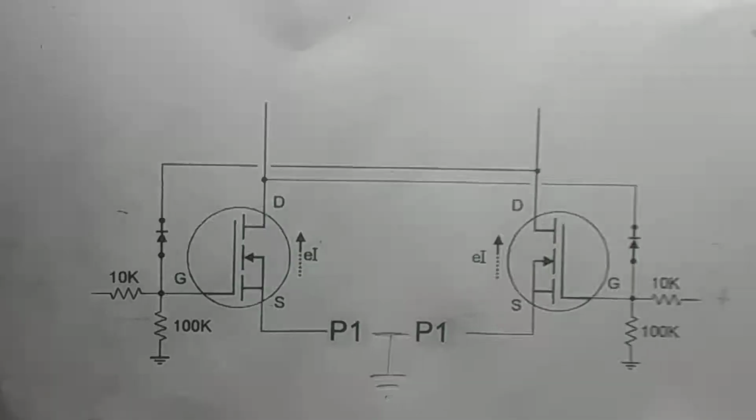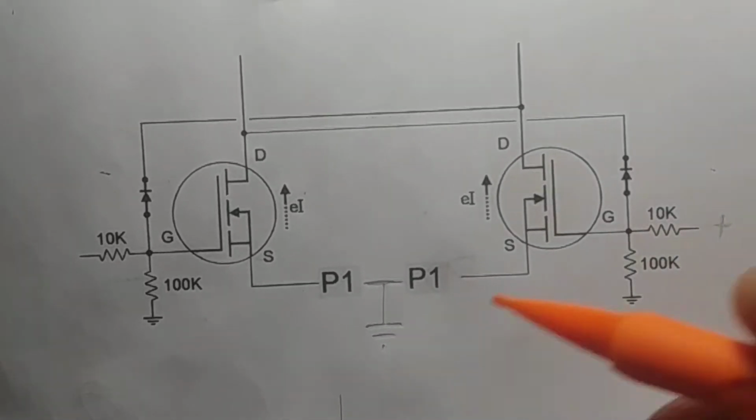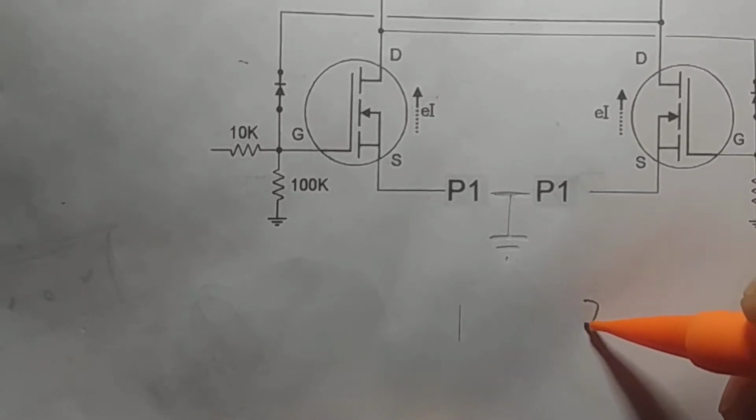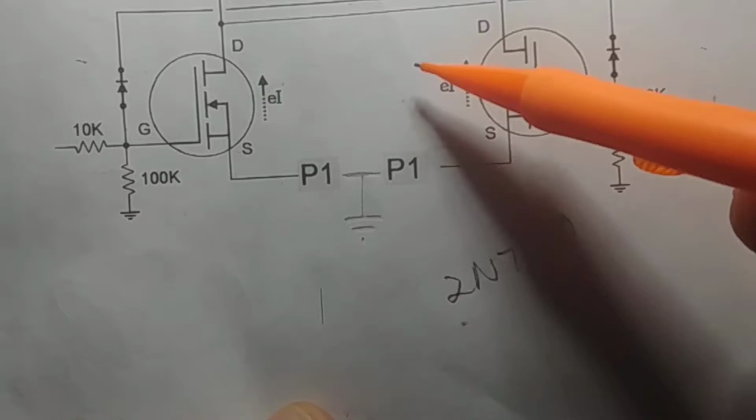So this is the MOSFET configuration. Oh, and I'm going to be using, I can't write it here, a 2N7000. That's what both of these will be.